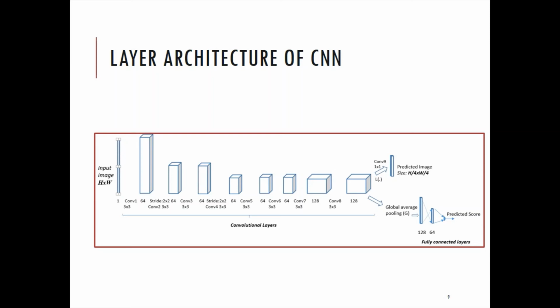In the next step, we perform the global average pooling function over the outcomes of the first 8 convolutional layers. The result is fed as input to the fully connected layers, and the outcomes of the fully connected layers will be the predicted score for the corresponding test images.